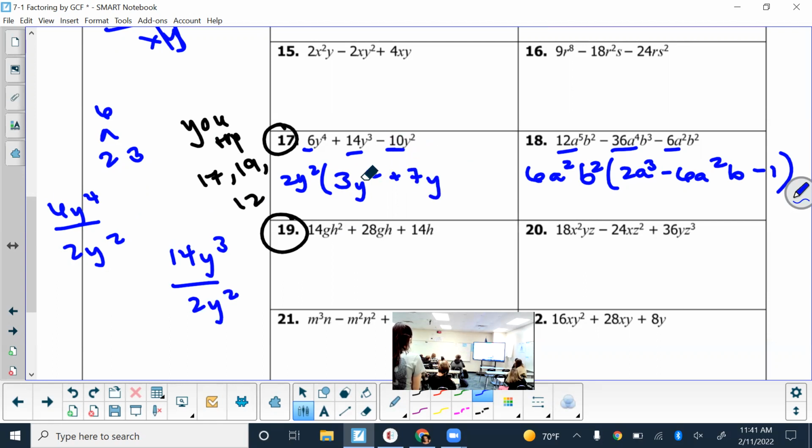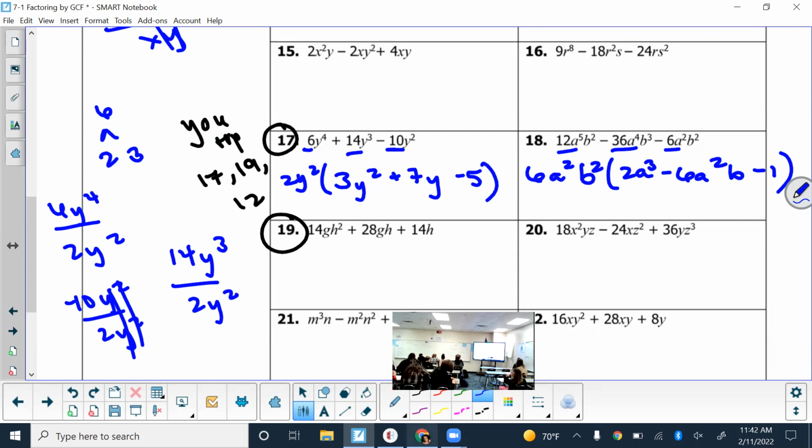Positive 7y, good. And lastly, negative 10y squared divided by 2y squared. Good. Again, keep each symbol that's in front of each term when you're doing your dividing. That's why it's negative. It's negative 10 divided by 2. And these cancel. Questions on 17?